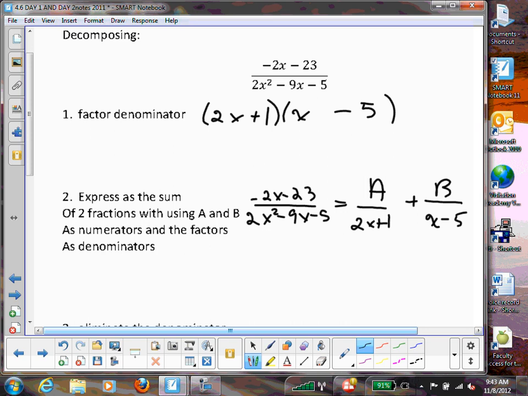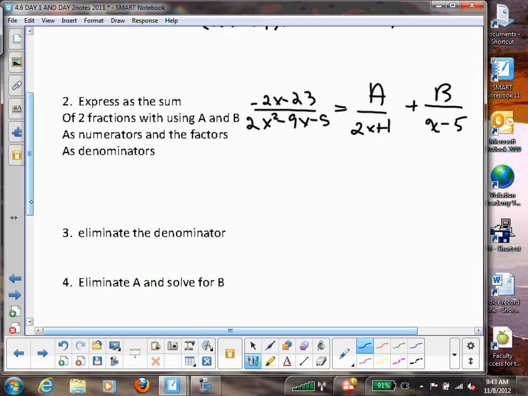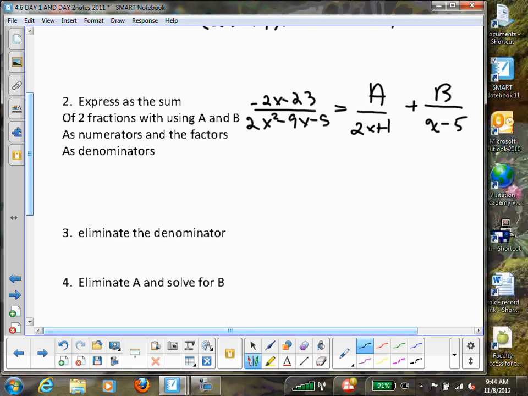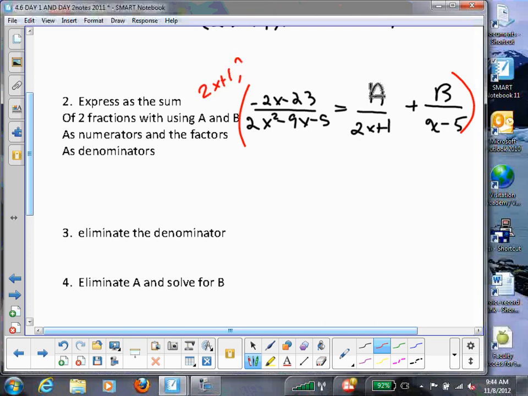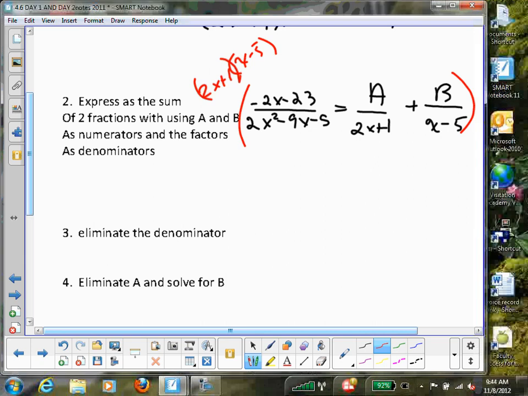The next step that we are going to do is we're going to eliminate the denominator. Well, how do we eliminate the denominator? Right, so when we eliminate the denominator, we multiply all of this by 2x plus 1 and x minus 5, what we are left with is really kind of the numerator on the left side, yes?